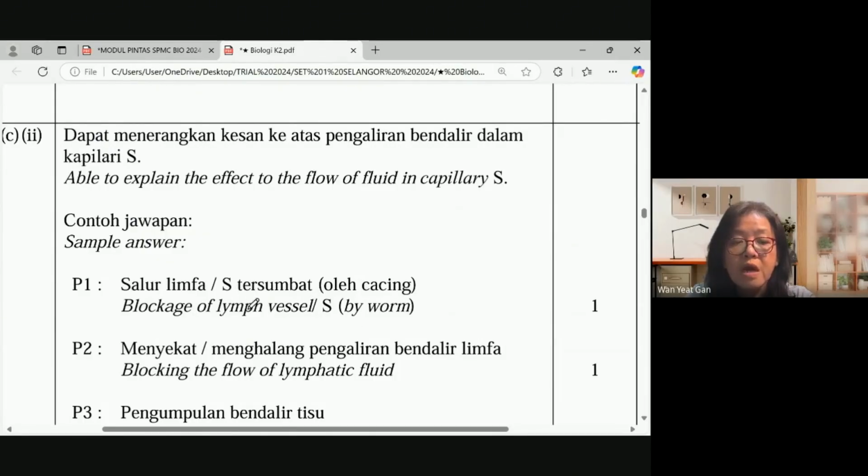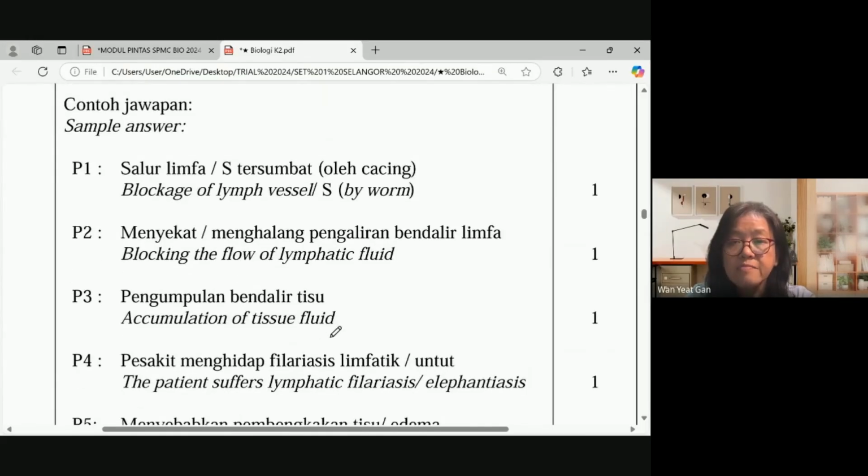The blockage of this lymph vessel blocks the flow of lymph or lymphatic fluid. At the same time, since the lymph cannot flow, tissue fluid also cannot diffuse into the lymphatic capillary.